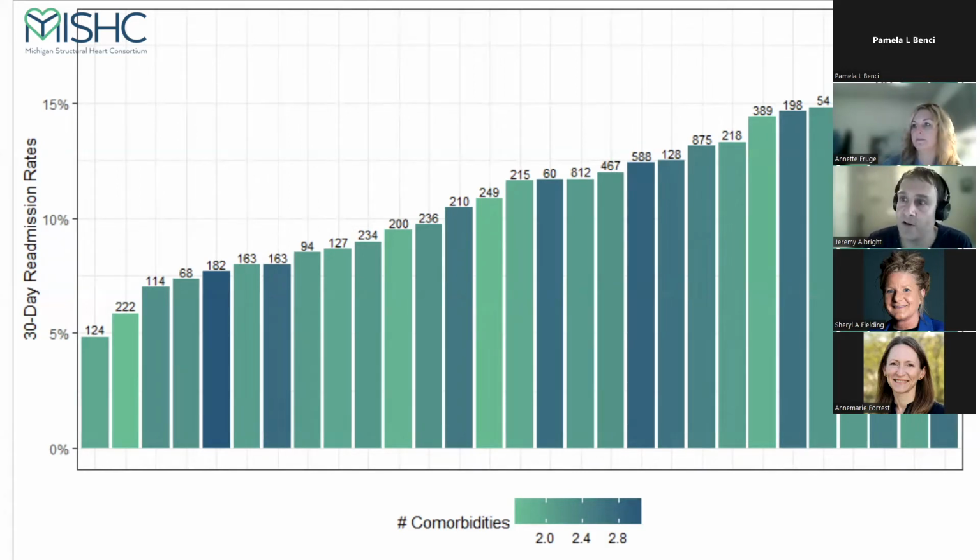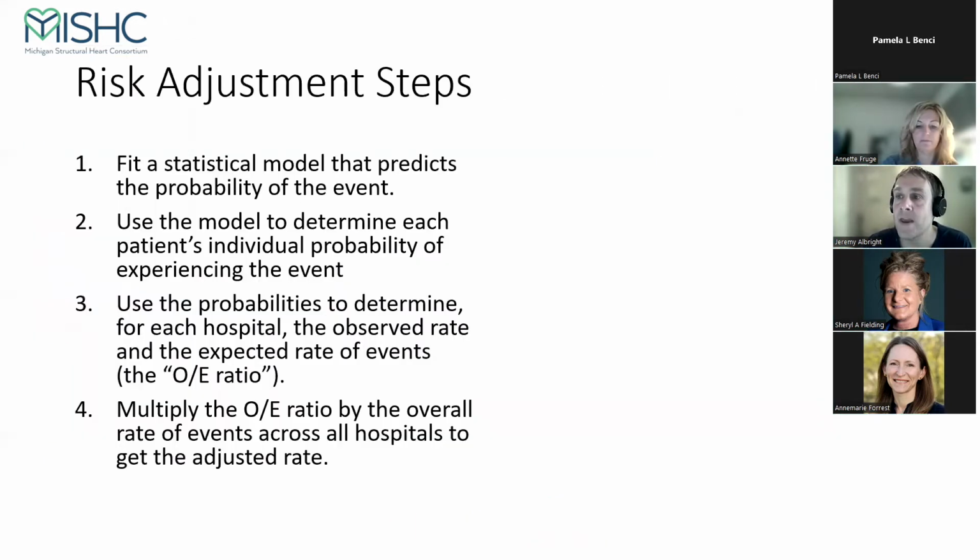The lighter the colors, the fewer the comorbidities, the darker, the more complicated the cases. And again, this hospital on the far right has not only the bad luck of having a low volume, but also the bad luck of having a more complicated case mix. So we're already starting to see that to say that this particular site is performing poorly compared to the others is really an unfair statement. So we want to come up with some type of way to make the comparison a bit more fair.